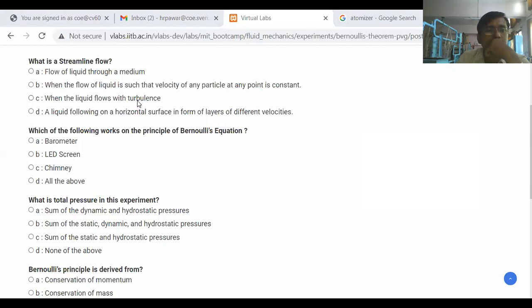A liquid flowing on a horizontal surface in the form of layers of different velocities, again, this is not correct. This may be the answer: when the flow of liquid is such that the velocity of any particle at any point is constant. Correct. At any point, the velocity should be constant. Option B might be the answer here.